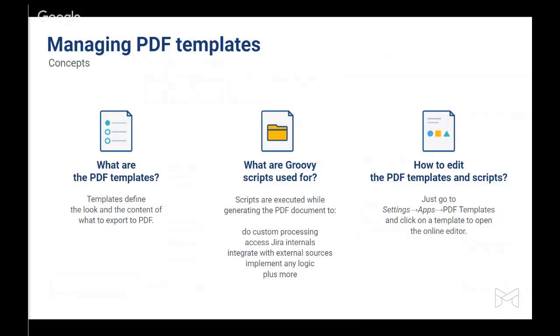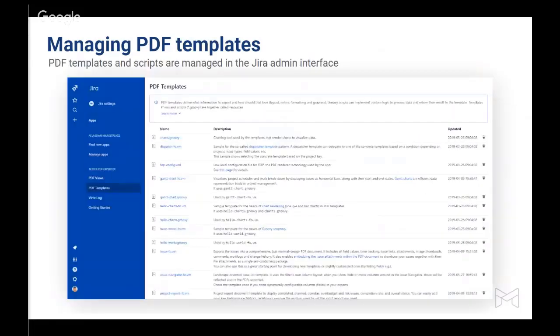So it's nothing new that we introduce here. If a template requires more complex business logic, like some calculation or loading information from an external database, it can be accompanied by a Groovy script, which will do the heavy lifting.